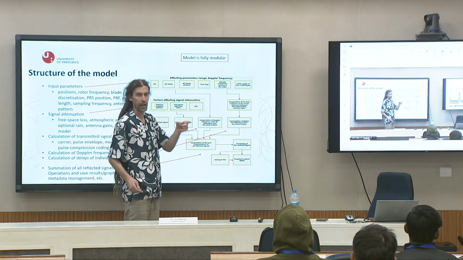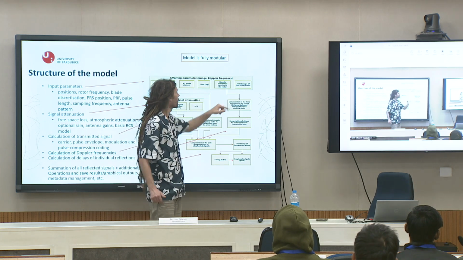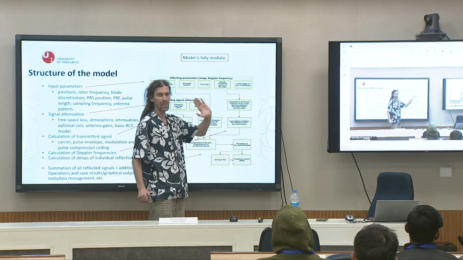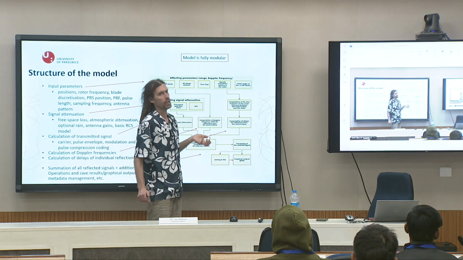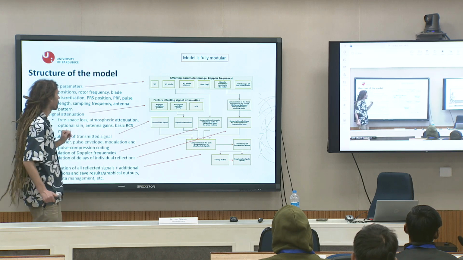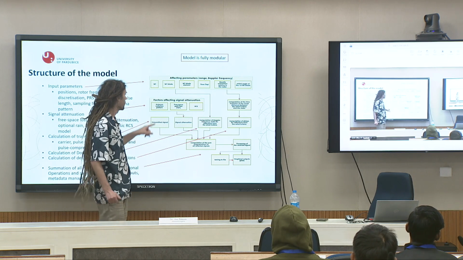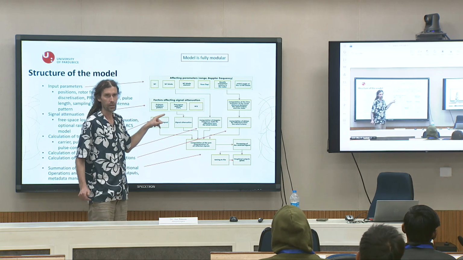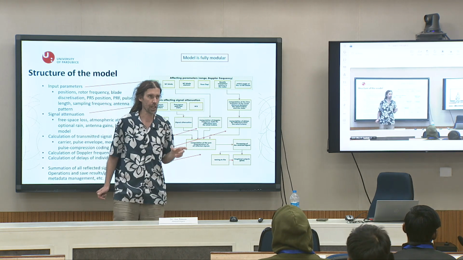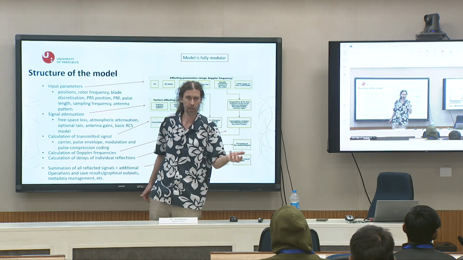It is PRI, nacelle orientation, initial angle of the first blade. It is a random variable, but in the model you can change it to any time. Then there are factors affecting signal attenuation, the antenna radiation pattern. I can even change the antenna radiation pattern, so I can simulate almost any type of antenna.